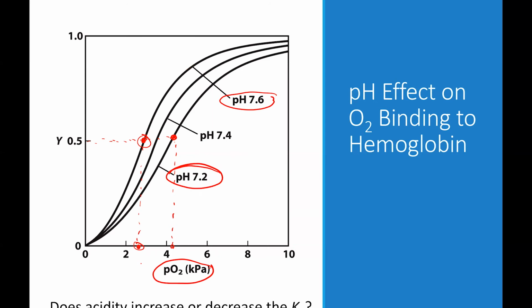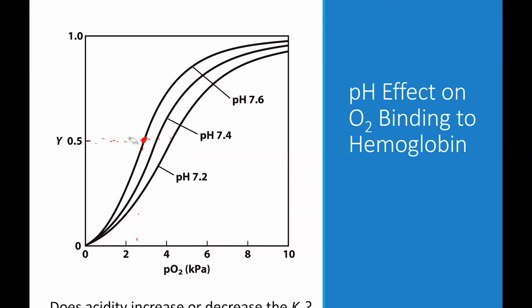So by shifting the pH in your lung versus tissue, you can shift how much of that oxygen is going to remain bound. So this is another way that the system and the body can affect the binding ability of that particular protein, not just through cooperativity, but also just through pH changes.